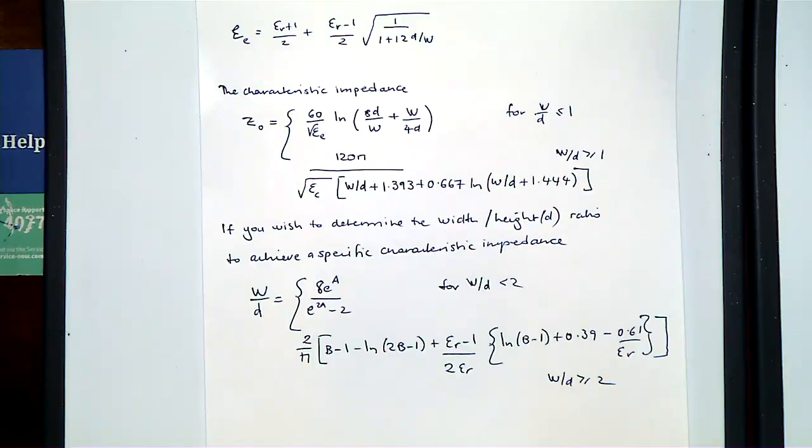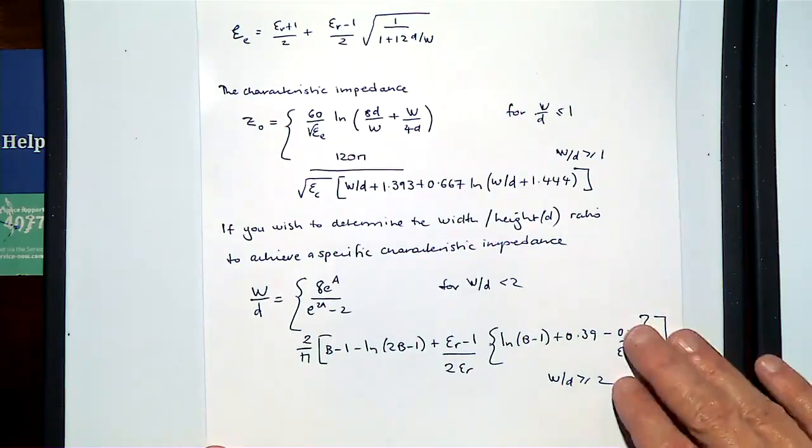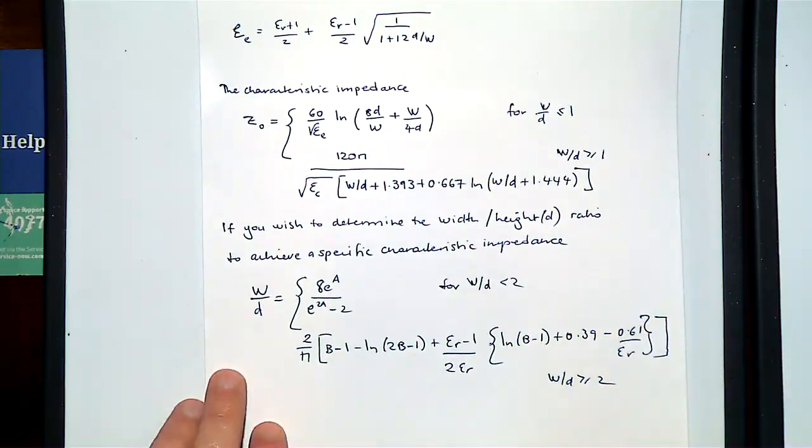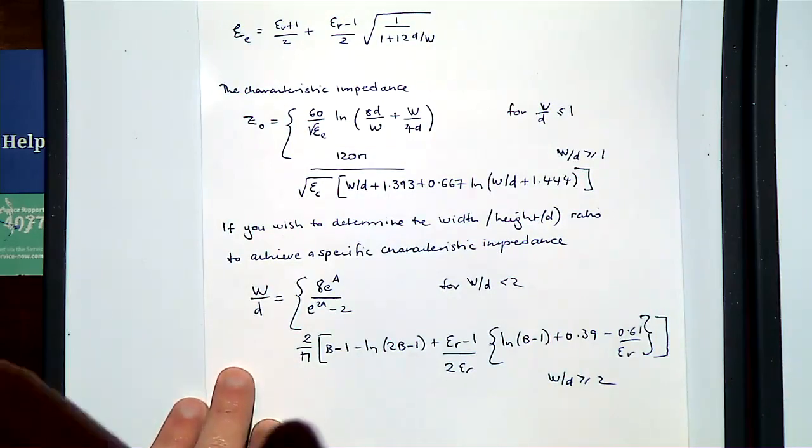But generally, as a designer, you say, I want to connect this source and this load, and I want to optimally match it. So therefore, I want to design a transmission line with the following characteristic impedance, right? And under those circumstances, I've given you the methodology on how to do that.